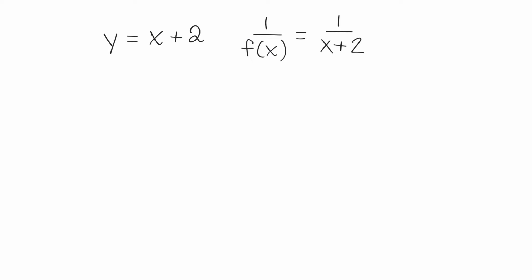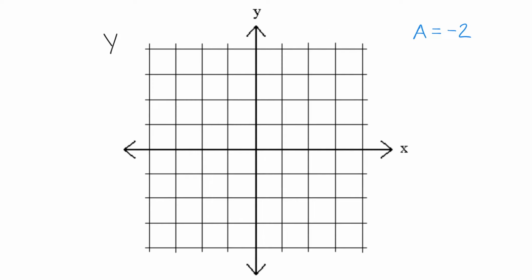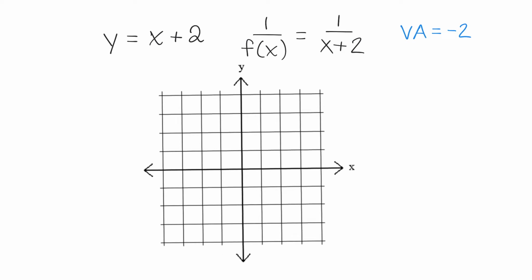So now we know that in this function, we can look at this pretty quick and see that our vertical asymptote is going to be at -2. So -2 is off limits, and it's vertical, which means that's on the x-axis, right? So if we graph this, let me pull up my graph again. So if we graph both of these functions in the same place, which is quite often what we do, we're going to graph both functions on the same graph.